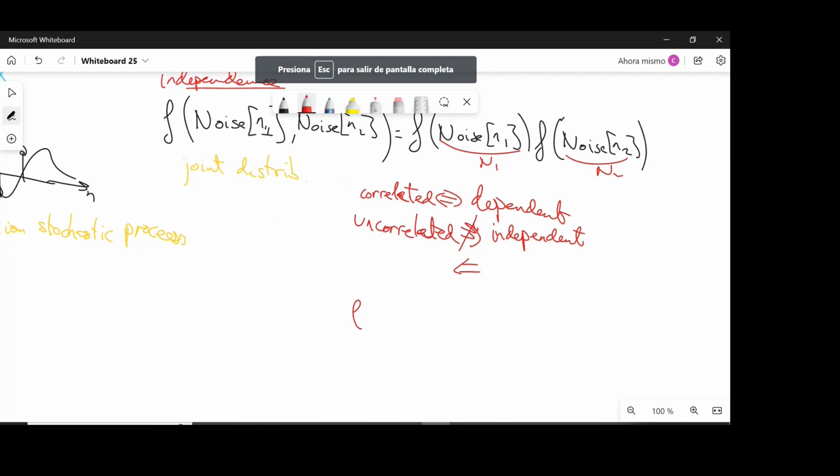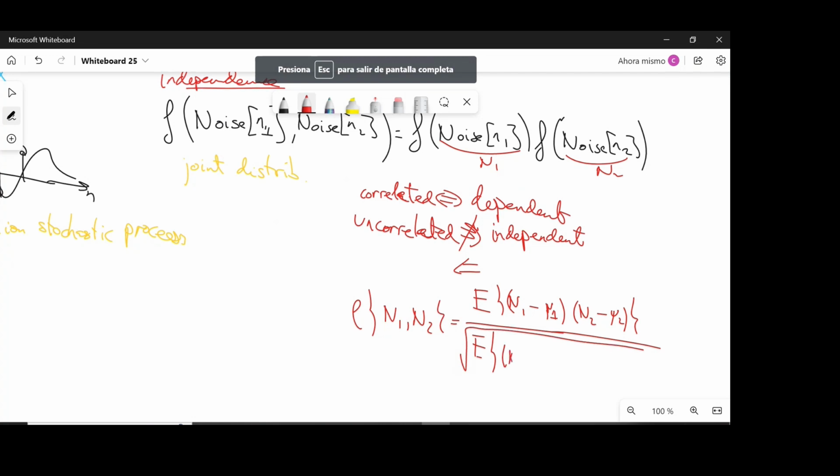The correlation between a couple of random variables is the expected value of N1 minus the mean of N1 times N2 minus the mean of N2, divided by the square root of the expected value of N1 minus the mean of N1 squared, and the expected value of N2 minus mu2 squared. This is the definition of correlation.